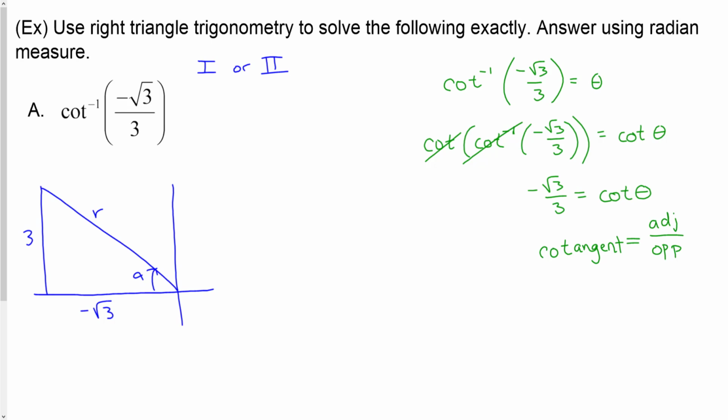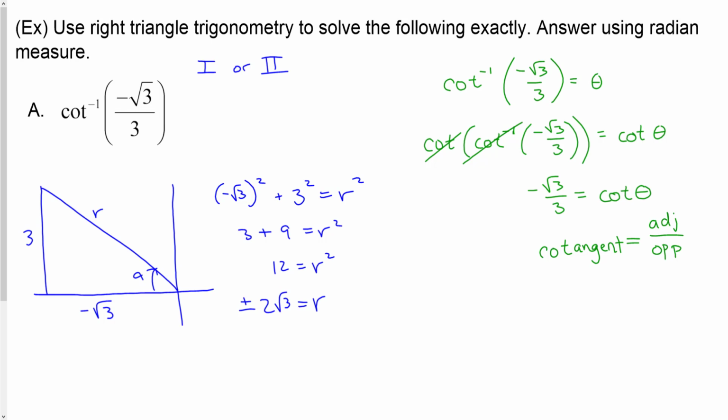So if I take negative root 3 squared plus 3 squared equals r squared, this would be 3 plus 9 equals r squared, 12 equals r squared. So r equals the plus or minus square root of 12, which can be factored down to the square root of 4 times 3, or 2 root 3.